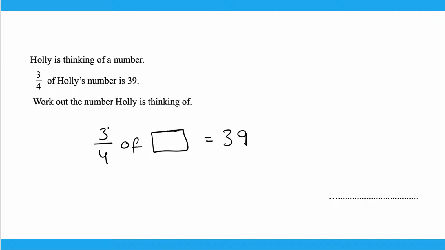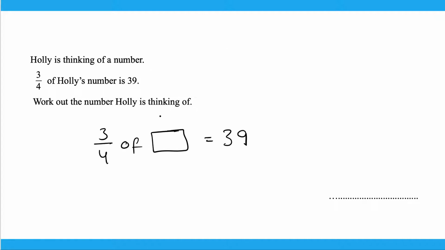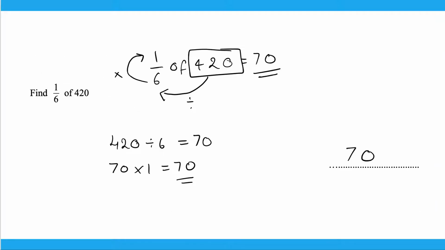If we go back to the previous example, we were dividing by the denominator and then multiplying by the numerator, and that's when we had the number in the box. In this case we don't have the number in the box, so we would do the opposite.